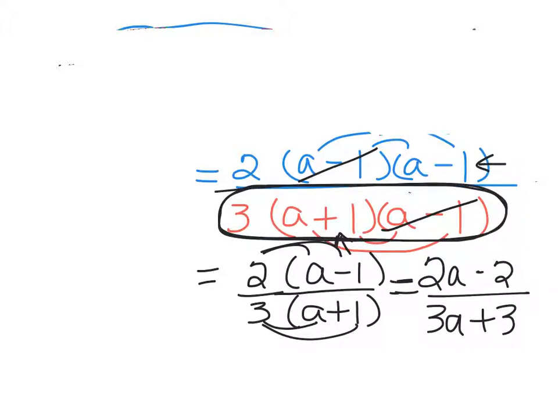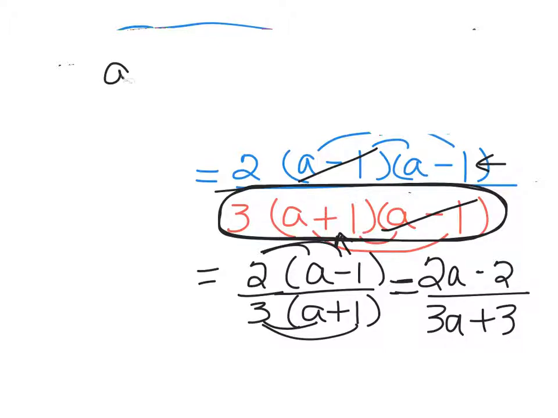And I need to ask myself what value of a would make that whole denominator 0. The easiest way to do that, and now that we're into quadratics, this is going to start to make more sense to you. This is completely factored. So I'm going to set each one of these factors equal to 0 and solve for a.